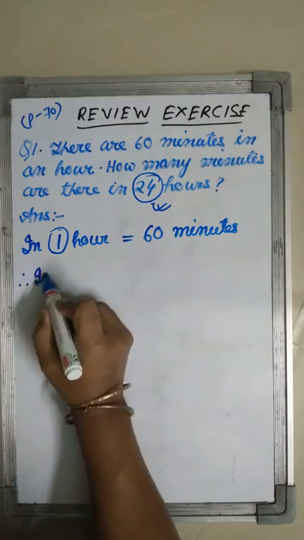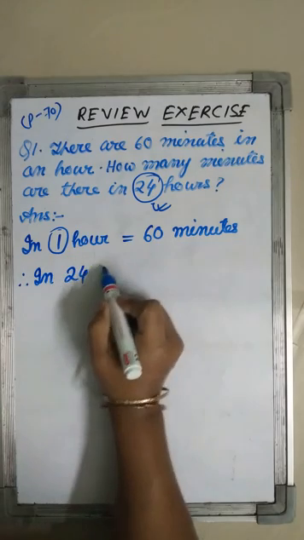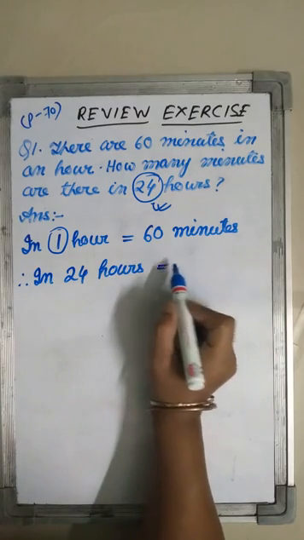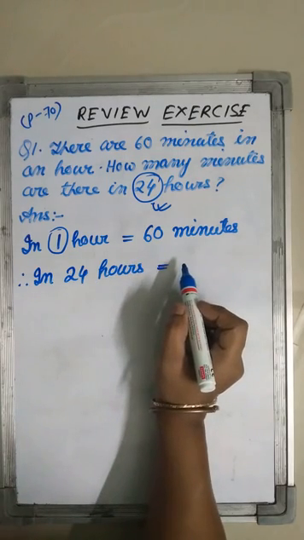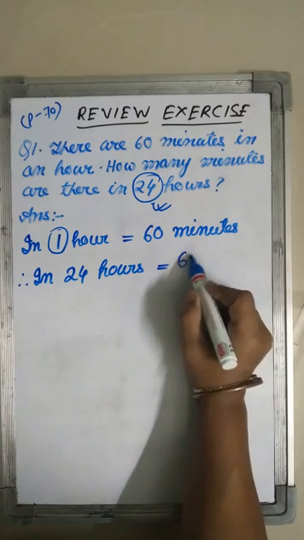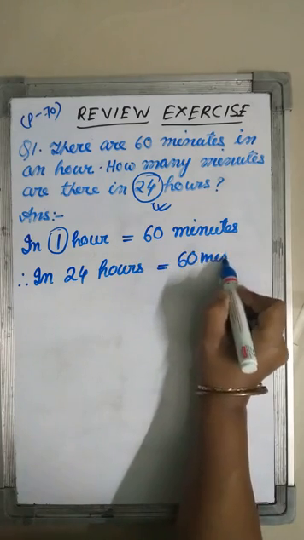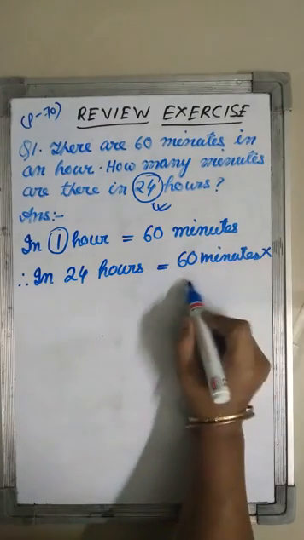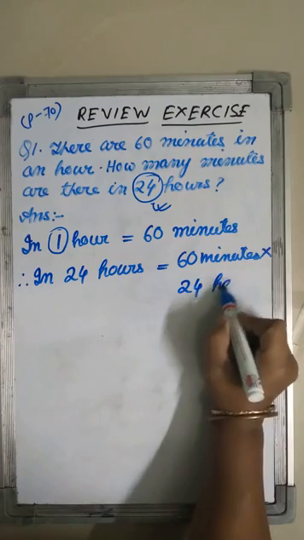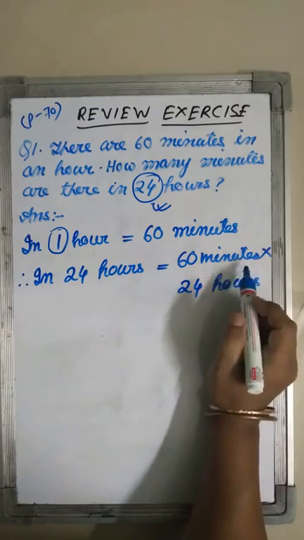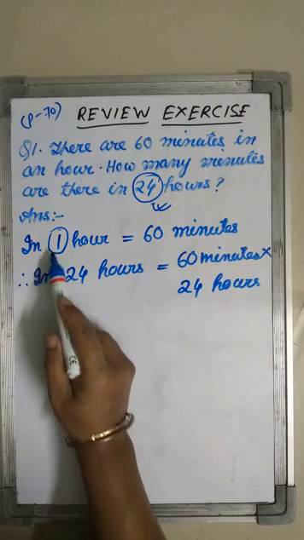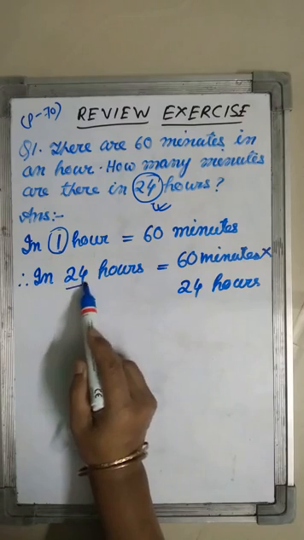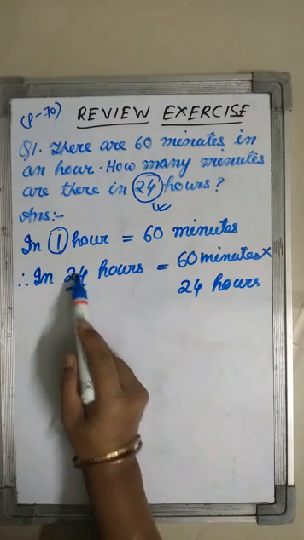Therefore, in 24 hours, what we have to do? 60 minutes into 24 hours. So here we have started with 1, and here I am writing a greater number than 1.